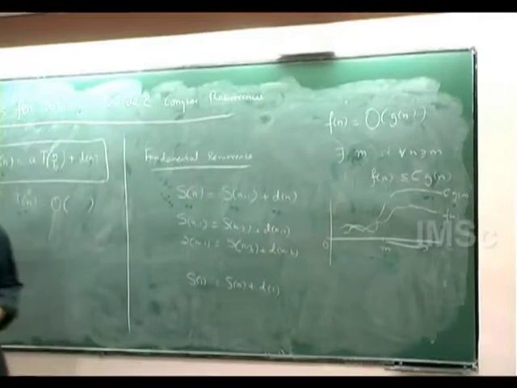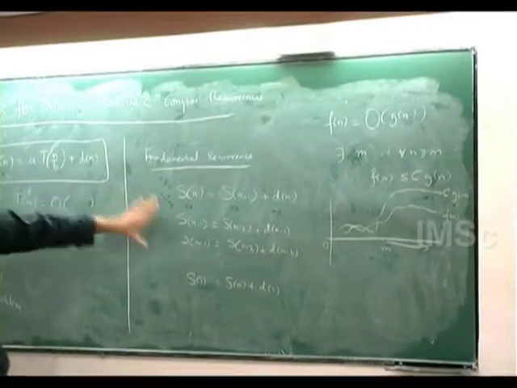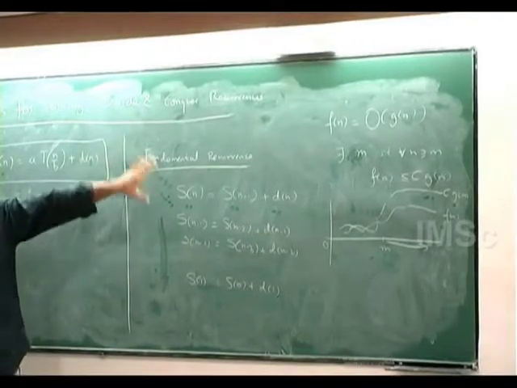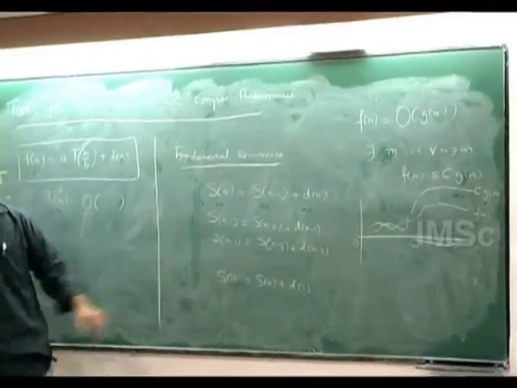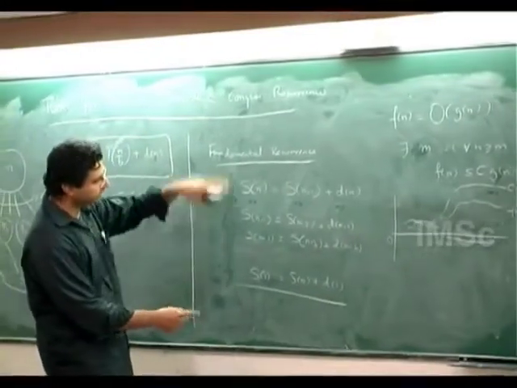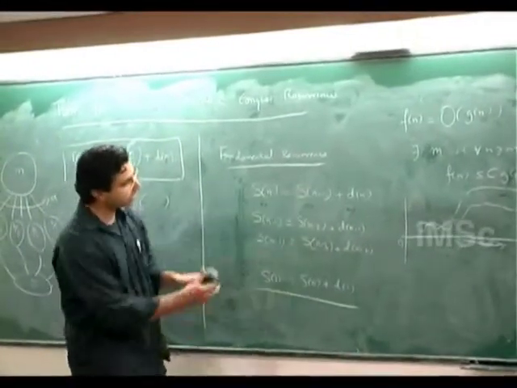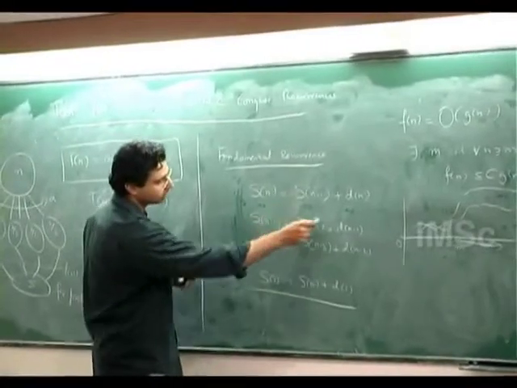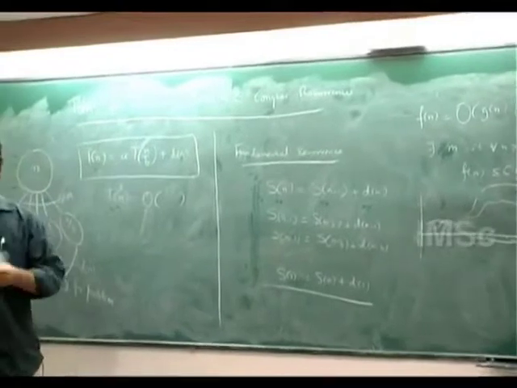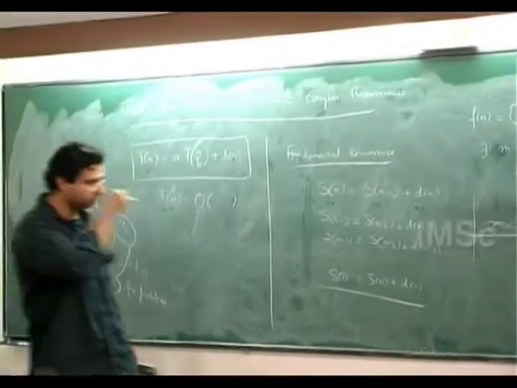So the recurrence satisfies this. Now if I add all these equations, on the left hand side and on the right hand side, I see that these cancel out. This is the telescoping effect that was mentioned in the last lecture.